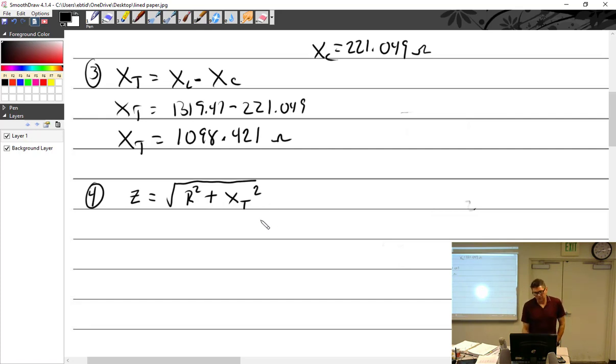You can also, like I said, do Z equals R squared plus XL minus XC squared.